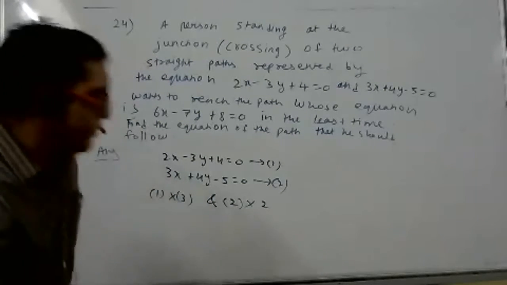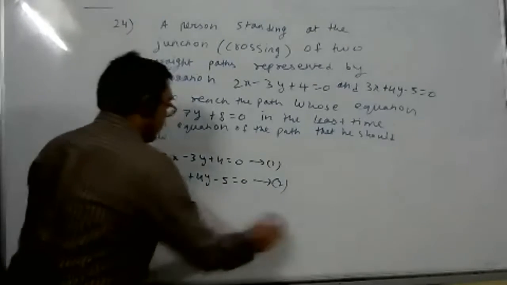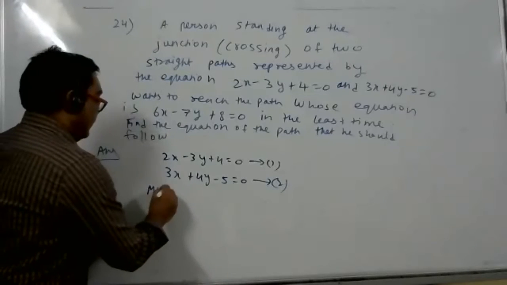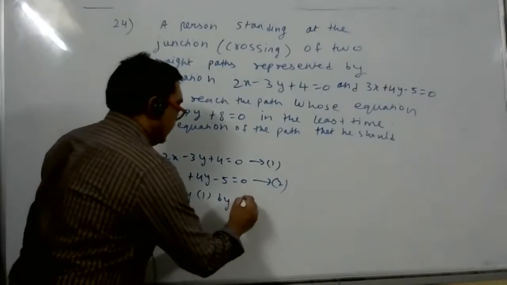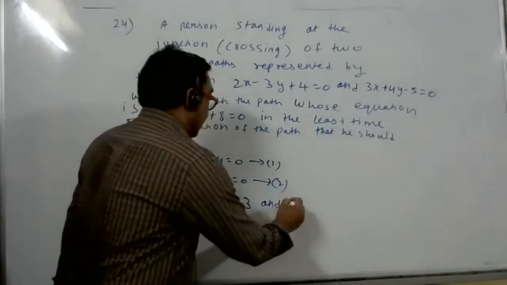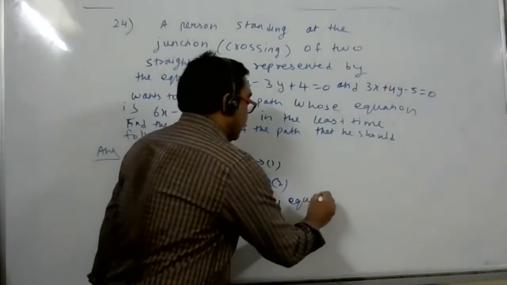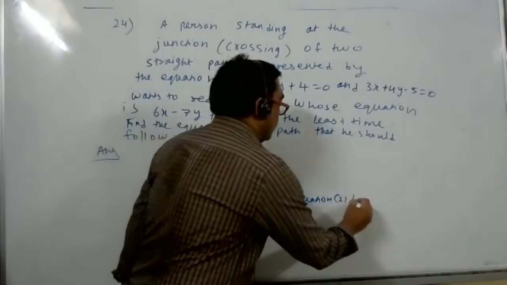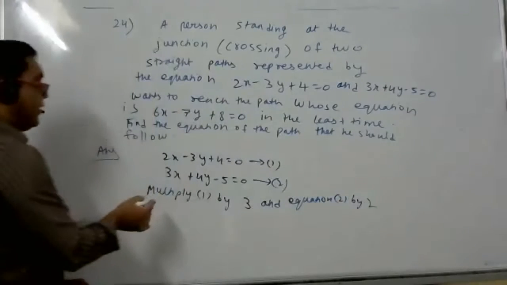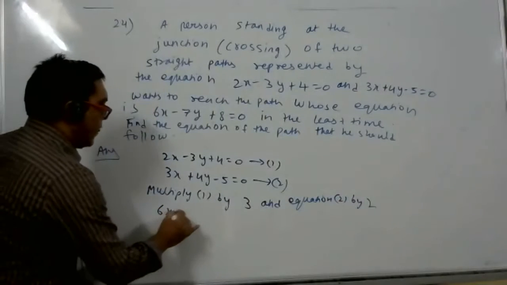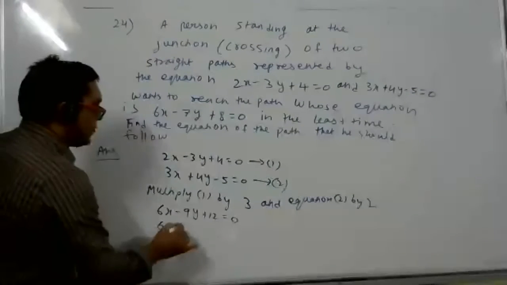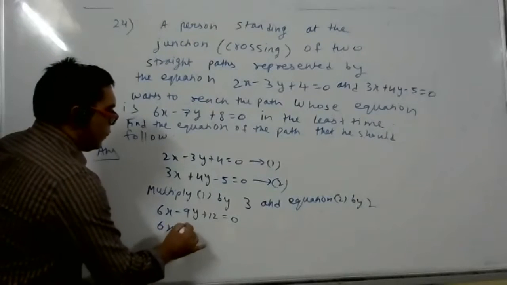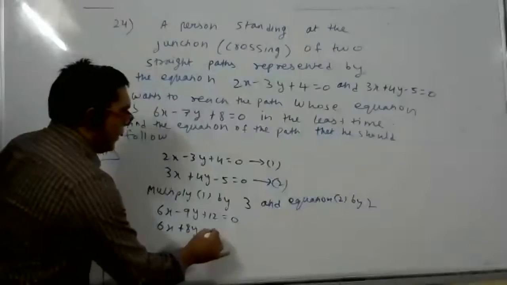What will you get? 6x minus 9y plus 12 is 0. Here, multiply: 6x plus 8y minus 10 is equal to 0.